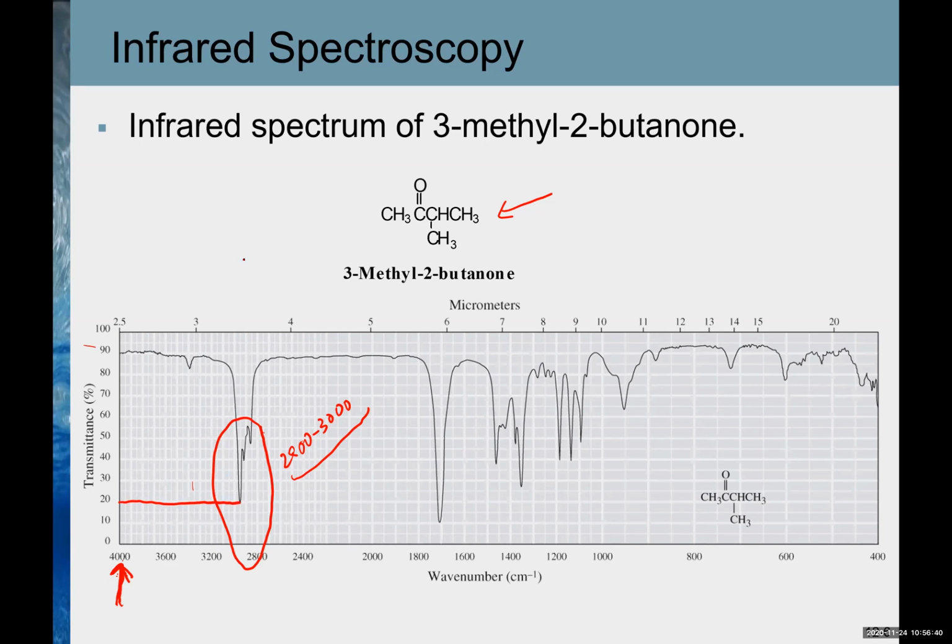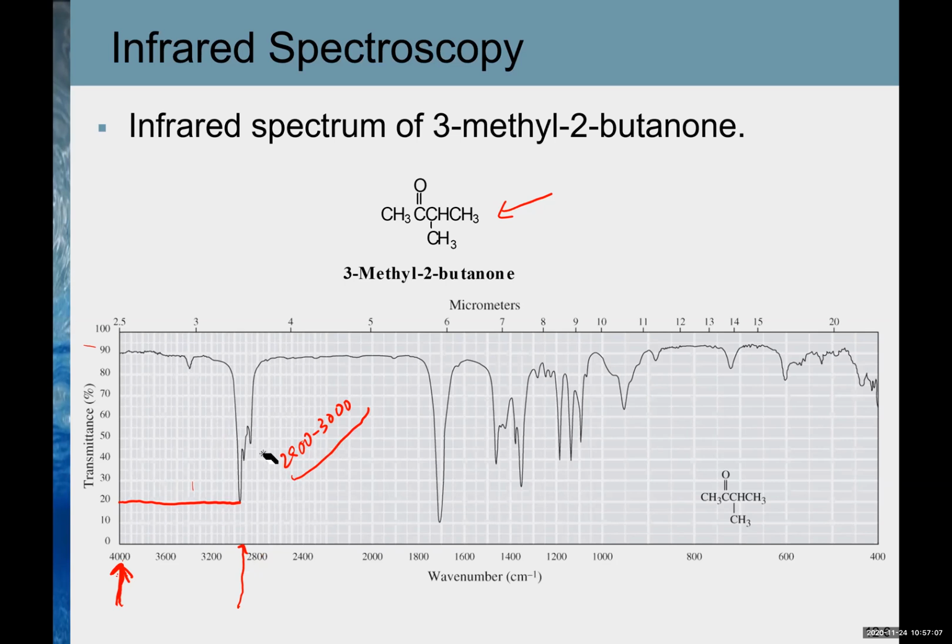It means at this wave number level, some bonds absorbed a lot of energy. So only 20% light was allowed to transmit, 80% was absorbed. That's why the plot is flipped upside down, because we are now plotting the transmittance, not the absorption, right?